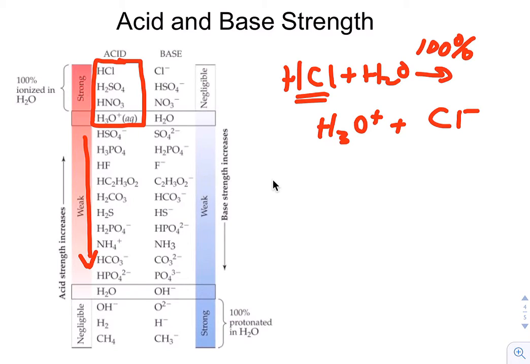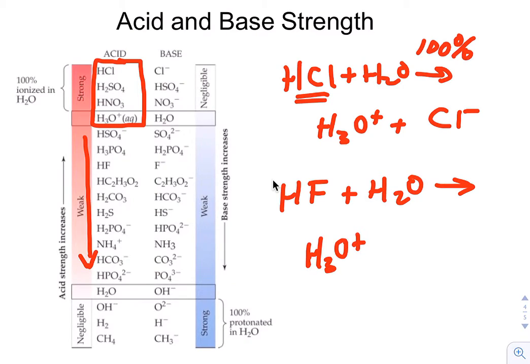If we take one of the other acids down there, for instance, the HF, if I combine this with water, here we'll still get the hydronium ion, the H3O plus, so it'll still donate the proton there, and the fluoride ion. However, in this case, instead of going 100%, this goes very little.